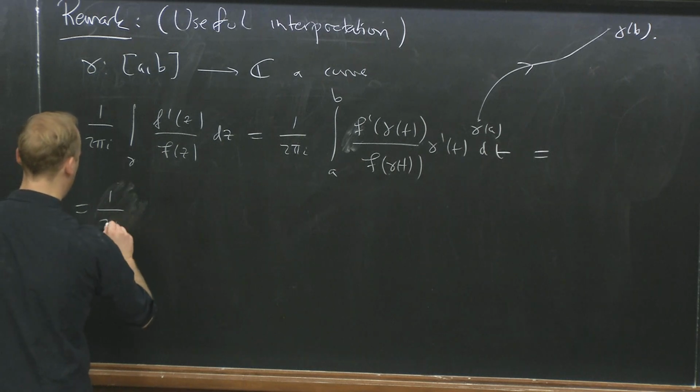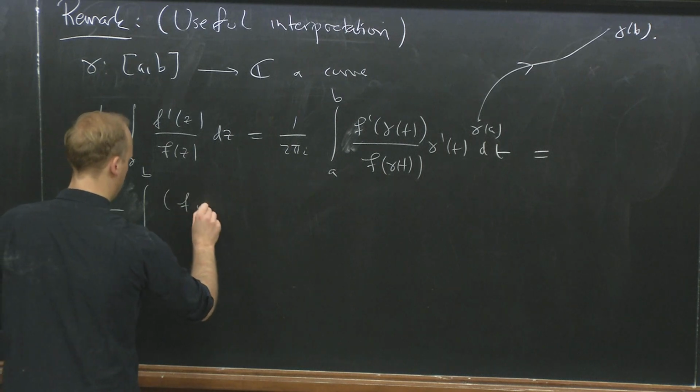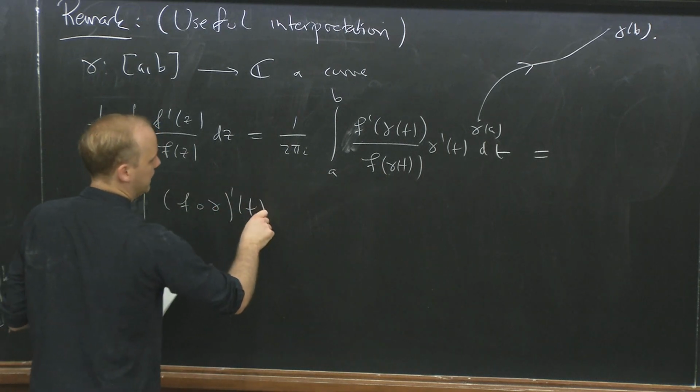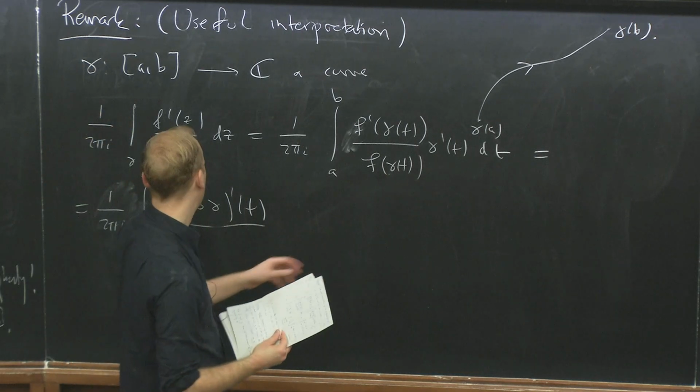It's 1 over 2 pi i, integral from A to B, and this is the same denominator, but then, oh, I'm sorry, it's not the same.